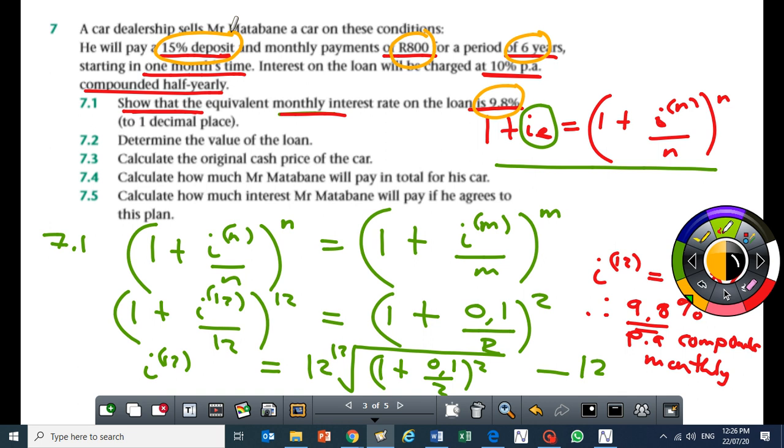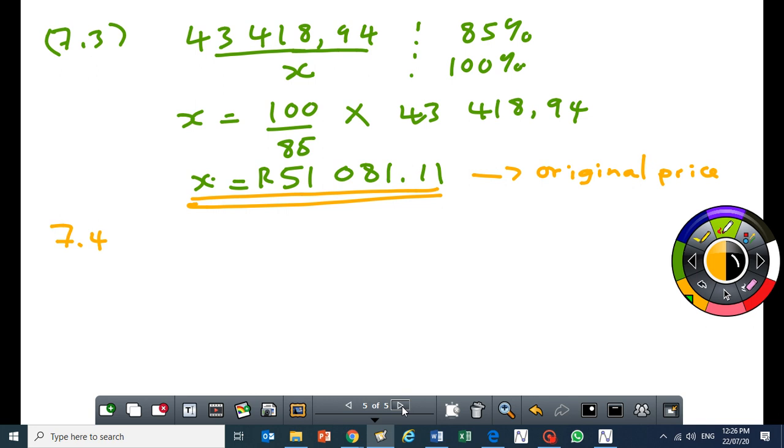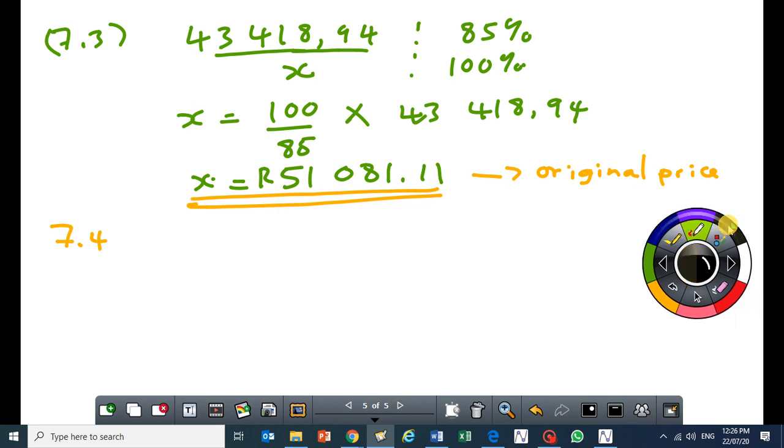So, if you want to calculate the total, we'll say total amount paid.